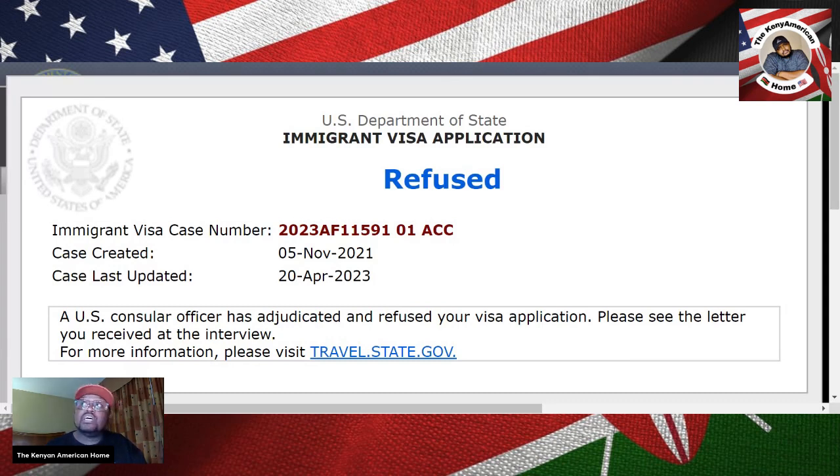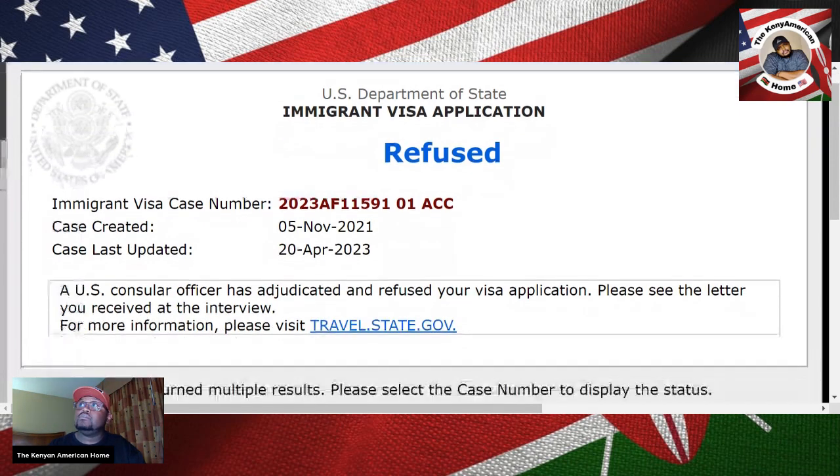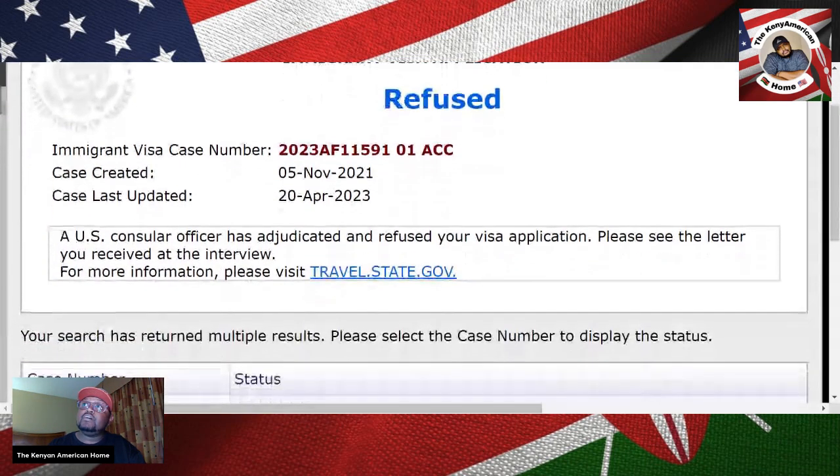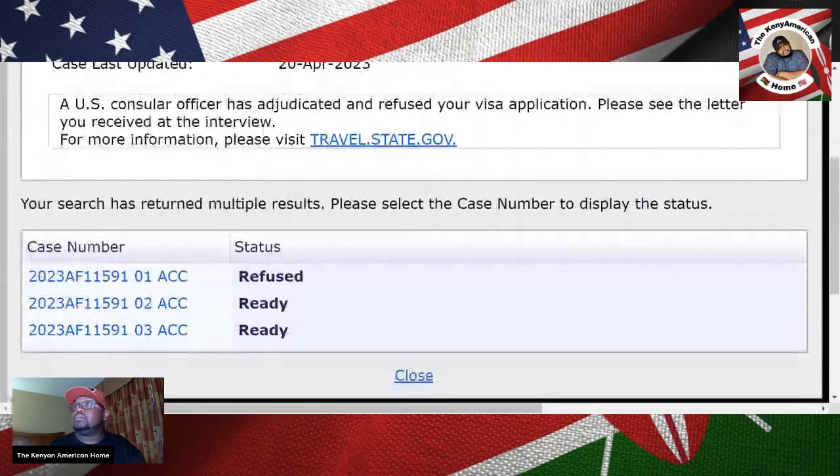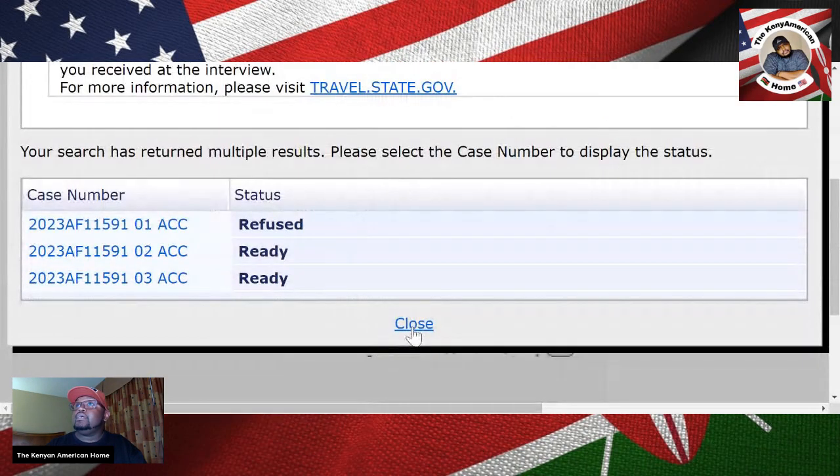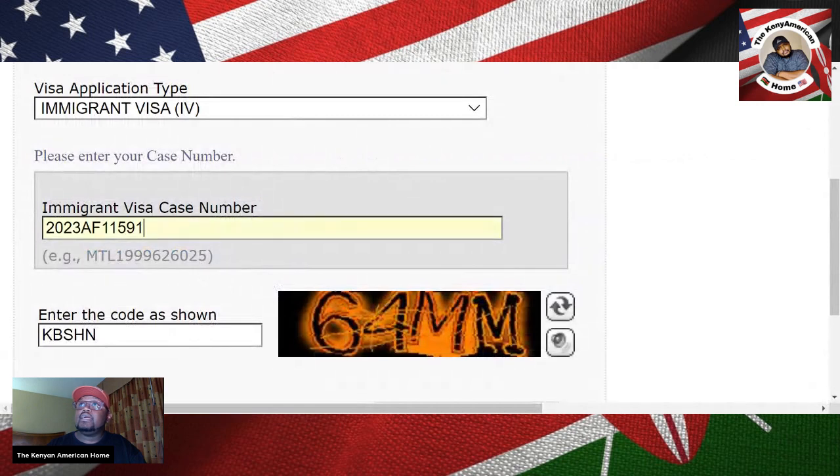And this is an outright refusal. I'll talk about another refusal that could happen. So this is a case in Accra where this person was refused. 11,591 was refused. Okay, let's look at another case of a refusal.